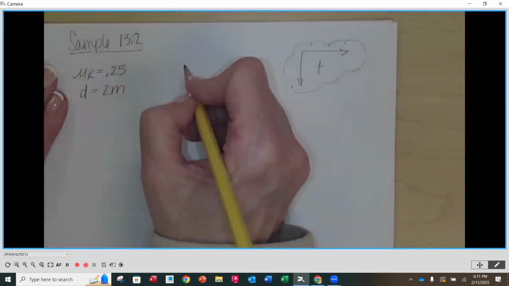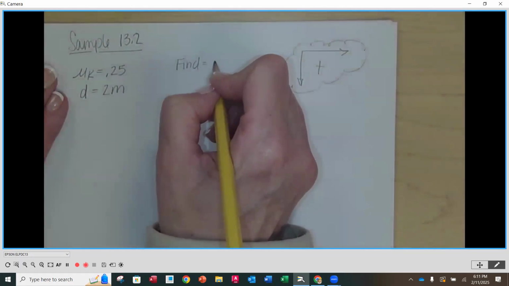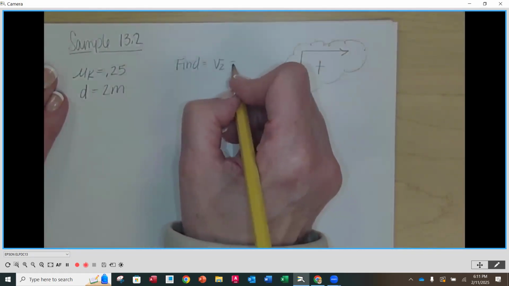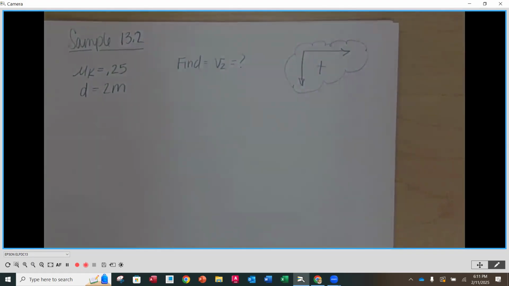As far as what we're going to find, we are going to find the final velocity, because the final velocity is going to be the same for both blocks A and B. So we don't have to separate them out because they're joined together by that cable. So it's going to be the velocity at that 2 meter mark.